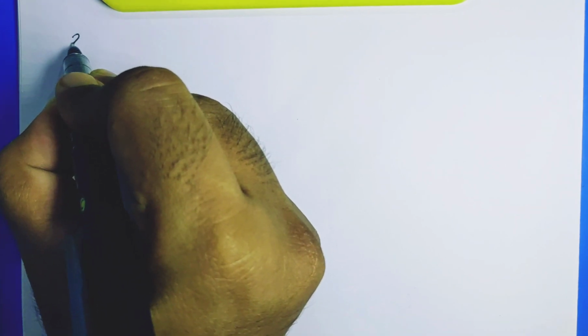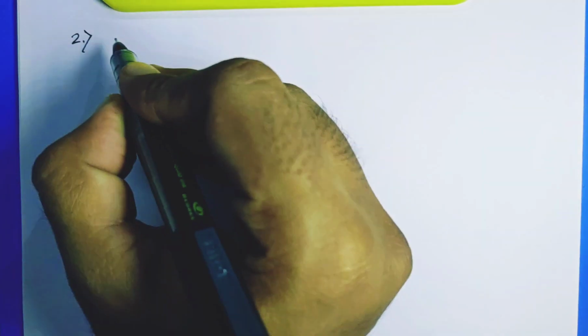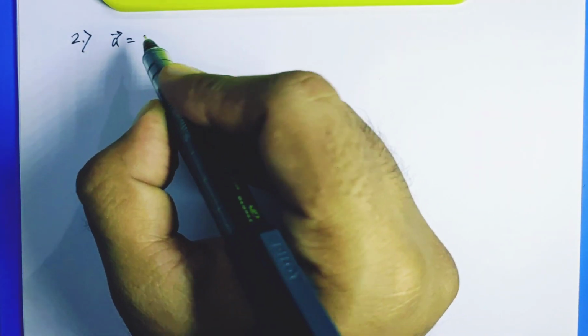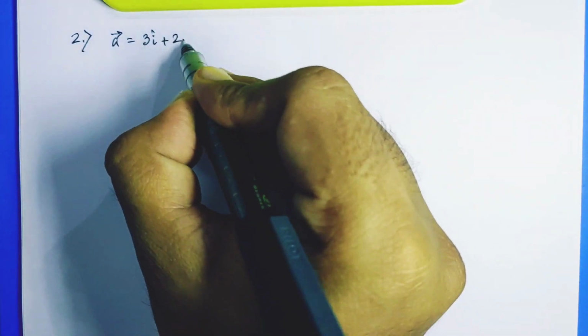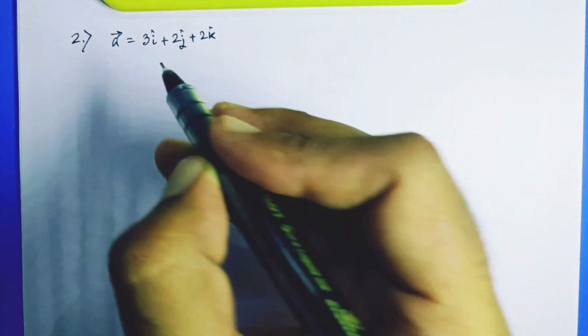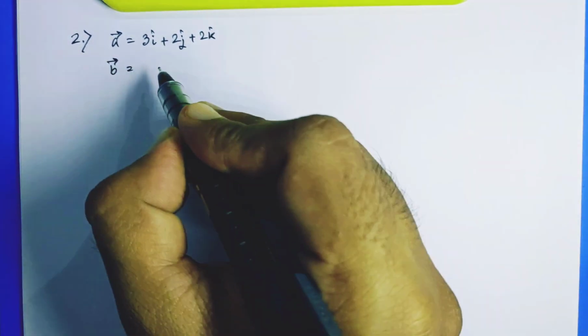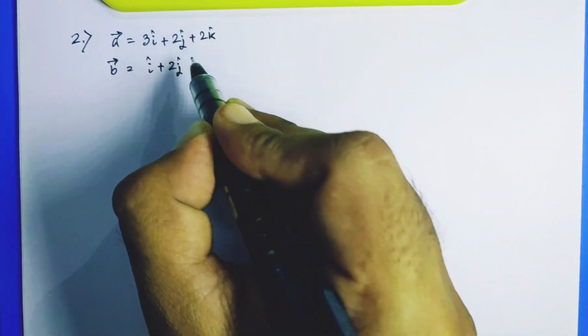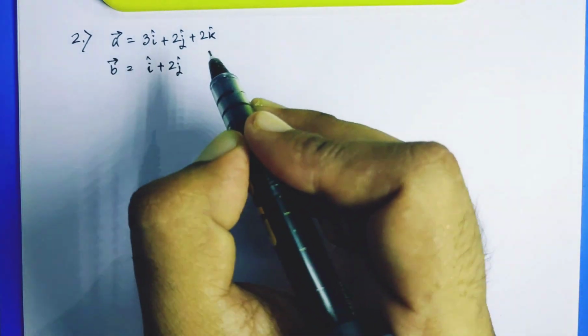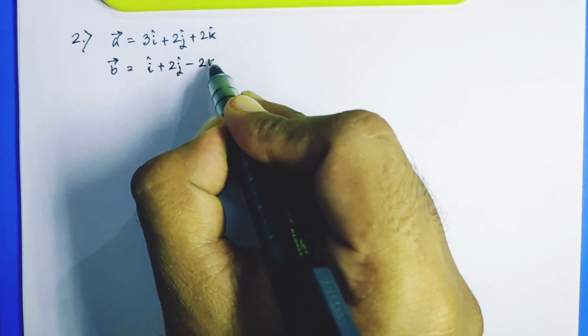Now let's move on to question number 2. Let's read what it says. Find a unit vector perpendicular to each of the vectors a plus b and a minus b, where a is given as 3i cap plus 2j cap plus 2k cap. b vector is given as i cap plus 2j cap minus 2k cap.